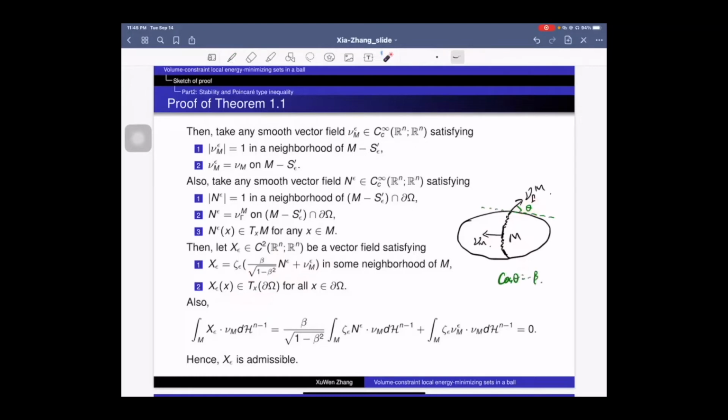And moreover, we can check that this inner product indeed vanishes, which shows that this combination X epsilon is an admissible initial velocity, which doesn't preserve the volume in a short time, but preserves the volume at the first order.